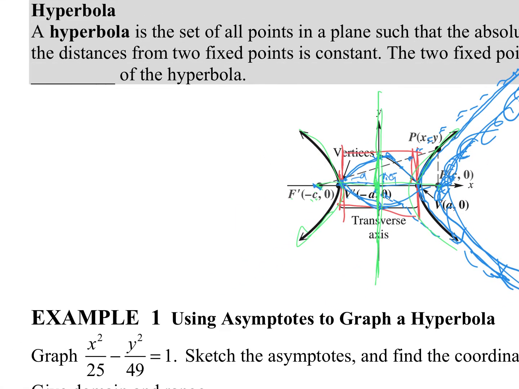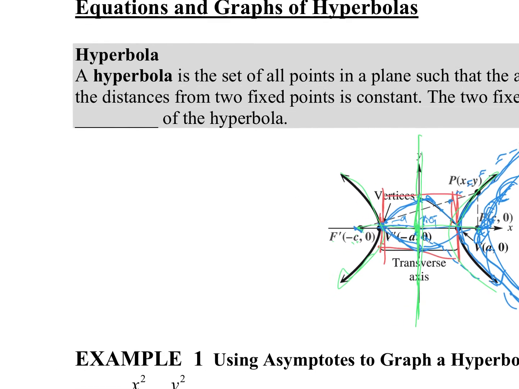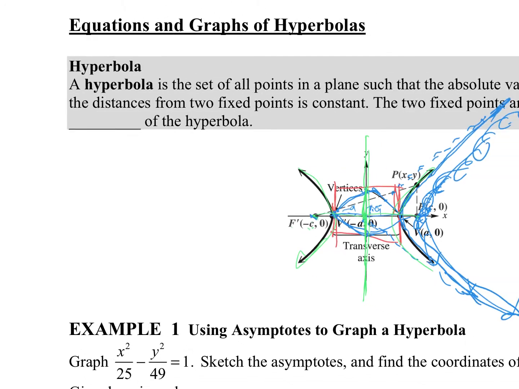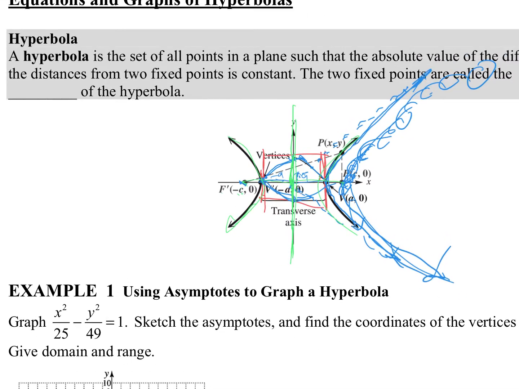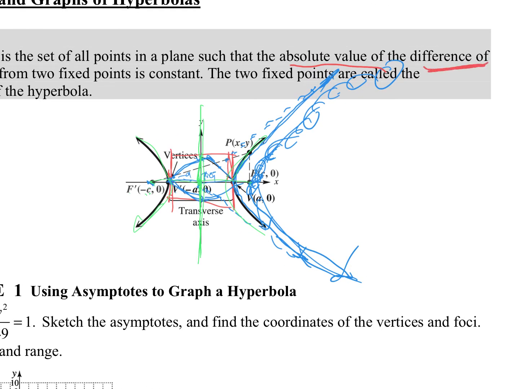So let's do the fancy definition. You notice all of these conic sections say a blank is a set of all the points in a plane such that. It's the same kind of talk, but listen to it. It's the set of all points in a plane such that the absolute value of the difference, not the sums this time, we are going to subtract, and it doesn't matter which goes first because it's absolute value anyway.